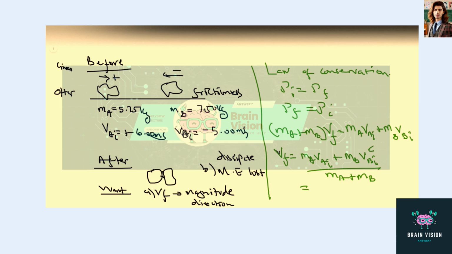So we have 5.75 kilograms times positive 6 meters per second, minus 7.50 kilograms times that 5 meters per second. We already dealt with the minus, and you divide all of that by the sum of the masses of the two otters: 5.75 kilograms plus 7.50 kilograms.